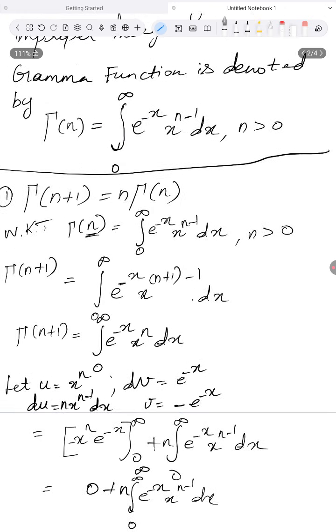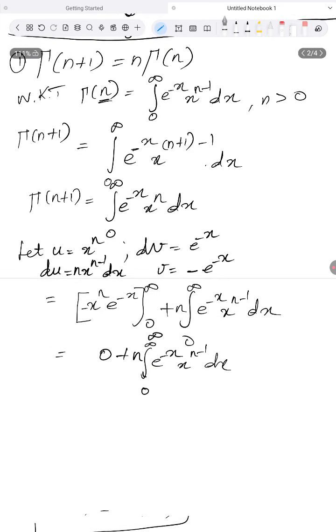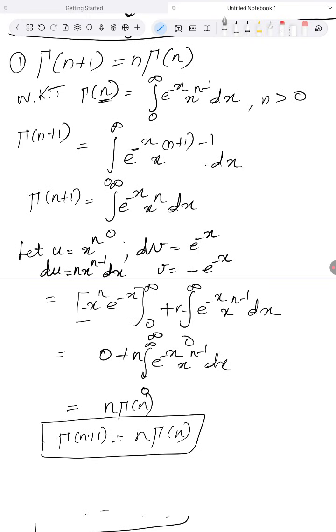Now what is the definition of gamma of n? Integral over 0 to infinity e power minus x, x power n minus 1 into dx, right? So this is nothing but n into gamma of n. So the first property we have proved is gamma of n plus 1 is equal to n into gamma of n. Okay.